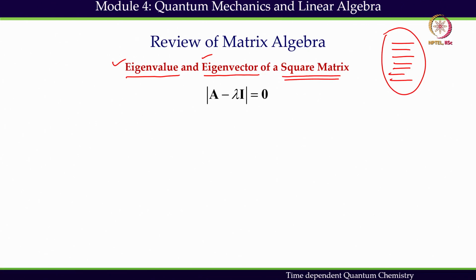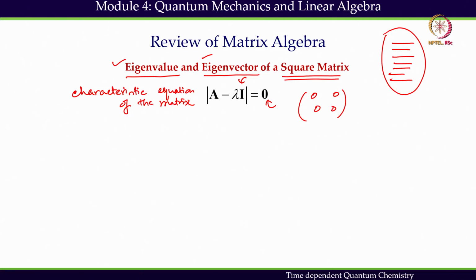The eigenvalues of a matrix can be computed using this characteristic equation of the matrix. This is called the characteristic equation. And this is identity, identity matrix or unit matrix I, and this is zero matrix or null matrix where all elements are 0.